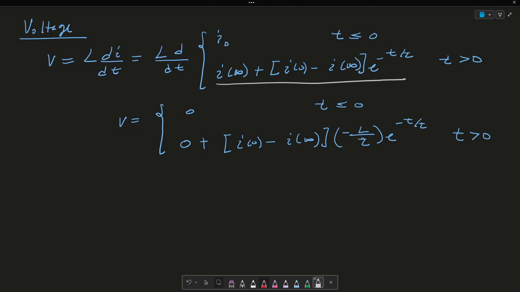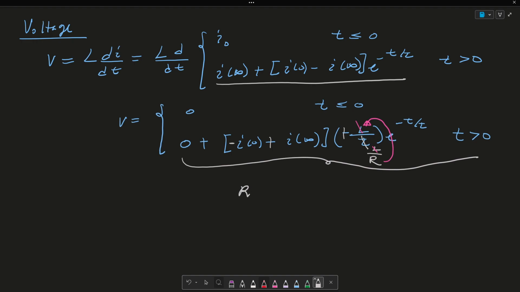And what I'm going to do is say that tau is equated to L over R. So that means that this L cancels out with this L, and then this R comes to the top. And note that if I distribute this negative, this becomes a plus, and this becomes a minus. So I can rewrite this entire thing as the following.